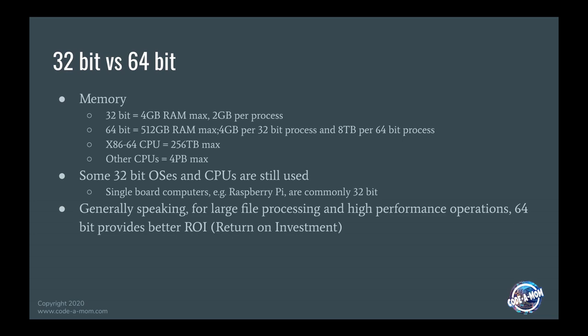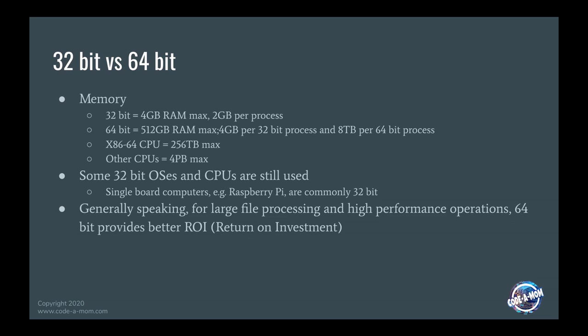Some 32-bit operating systems and CPUs are still used. I had mentioned the Raspberry Pi is still using 32-bit CPUs and operating systems. Raspbian OS for Raspberry Pi is still 32-bit. For a lot of instances, there's really no reason to upgrade to 64-bit. It just makes the overhead of managing all of that stuff a lot higher without giving you significant return for it.